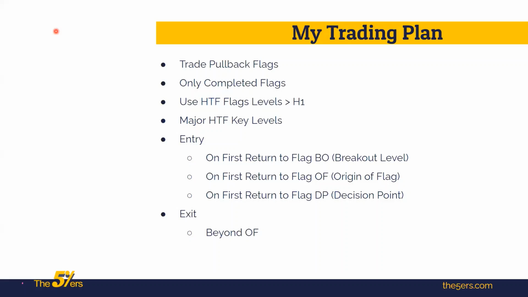So if you're willing to take the origin of the flag, then your risk will be very, very tight, very low. If you take the breakout or the decision point, you have to allow price to go lower than that, and you might sometimes suffer being in a drawdown before conviction, if the market goes with you or without you.